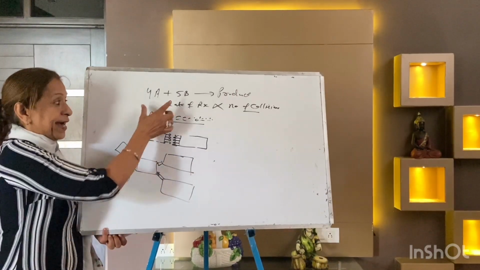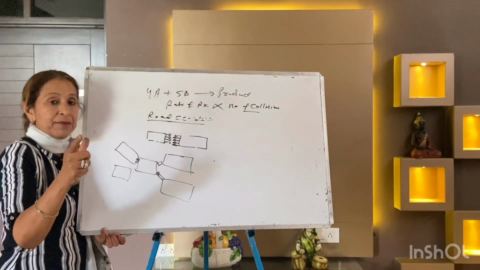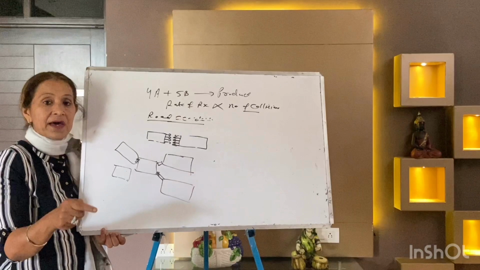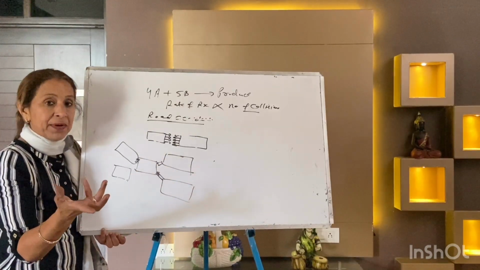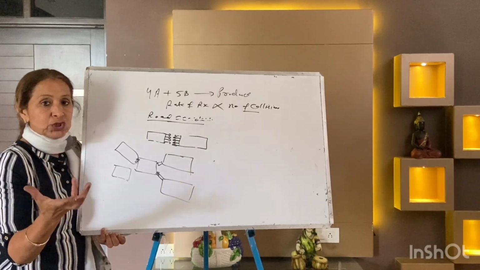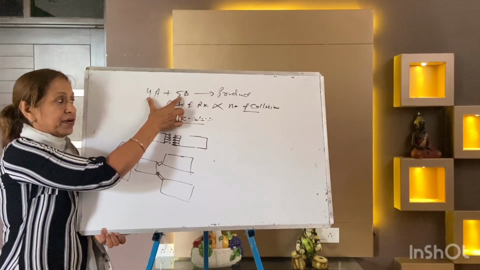So if 9 moles of the reactants are reacting at one time, you can think of 9 vehicles colliding on a road at one time. What will happen? Just a small accident will take place, not a great damage, when 9 vehicles are colliding at one time on the road.